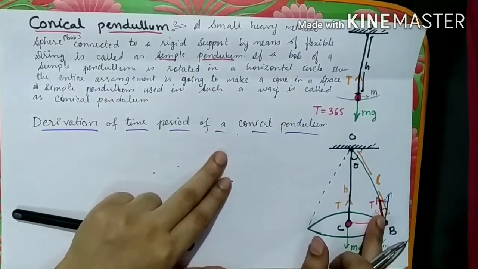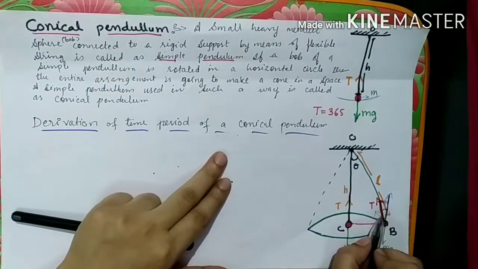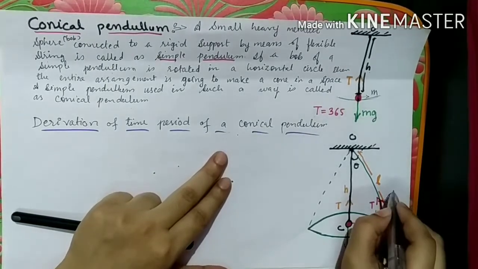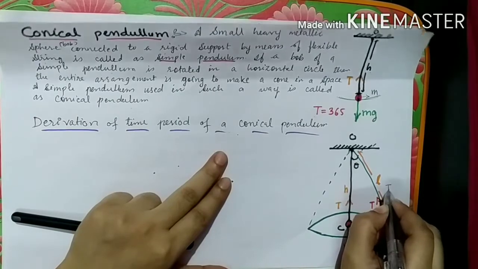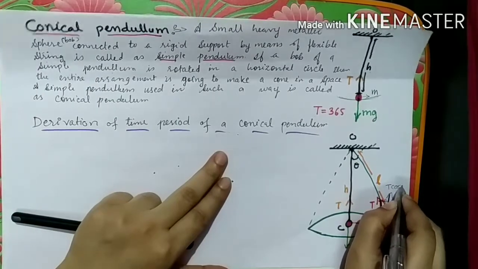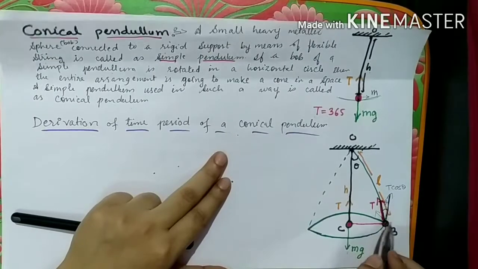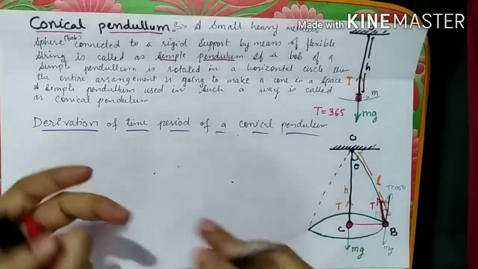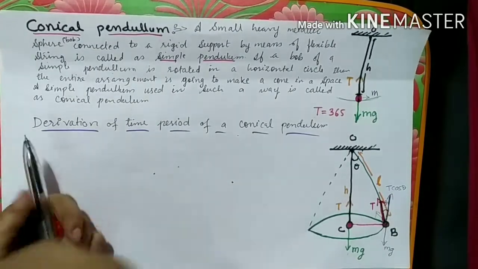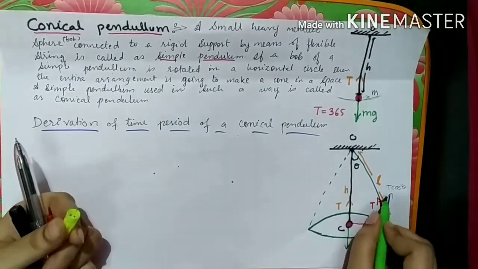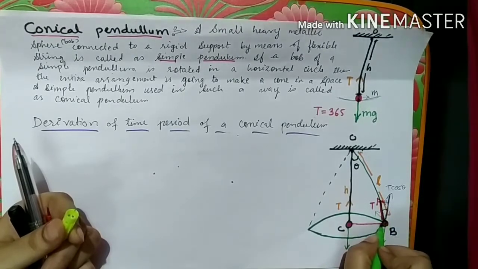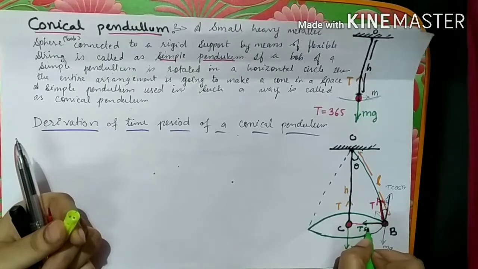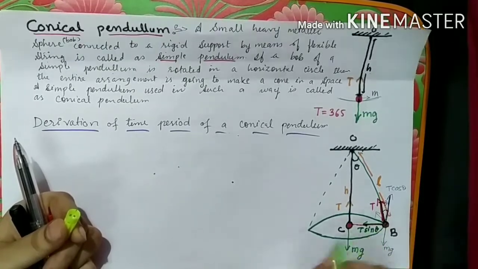So you might know that here we will have to resolve this tension into two parts. First one is T cos theta. T cos theta is along this vertical line, while the second one, the component of this vector which is perpendicular to it, is T sin theta.